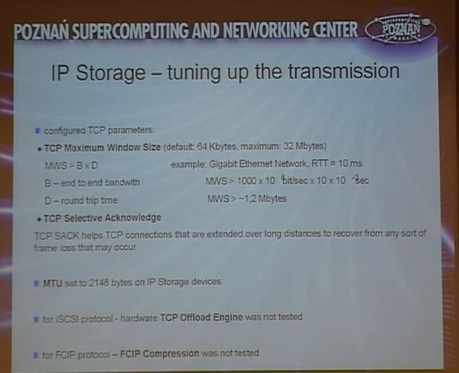It must be mentioned that, important for the iSCSI protocol, hardware TCP offload engine was not tested during this test, and also Fibre Channel over IP compression was not tested.